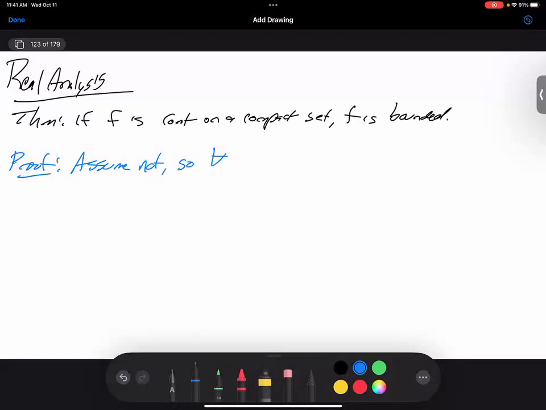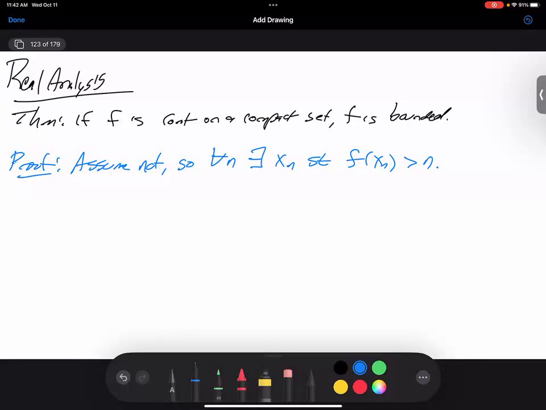So for all n, there exists an x sub n such that f of x_n is greater than n. Because if it's not bounded, is that right? Yes. So if it's not bounded, then doesn't it have to be greater than n at some point?